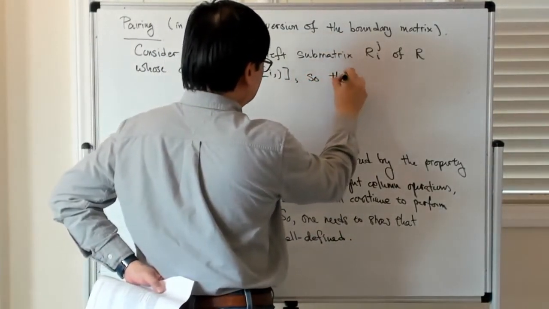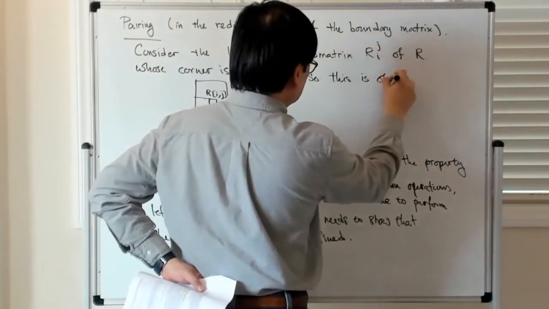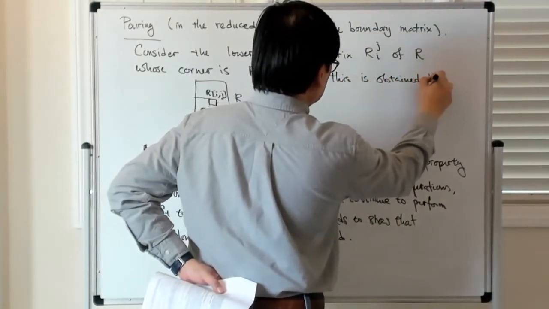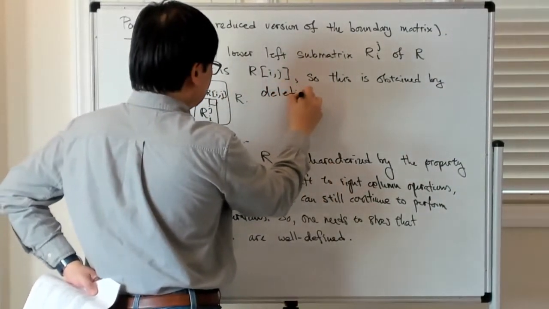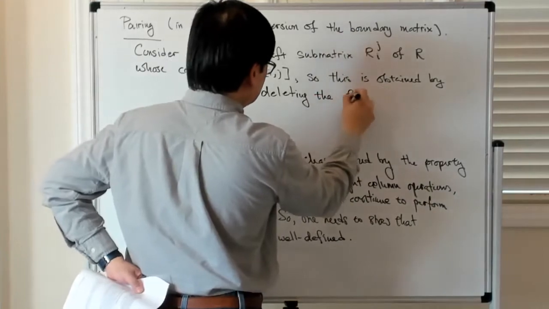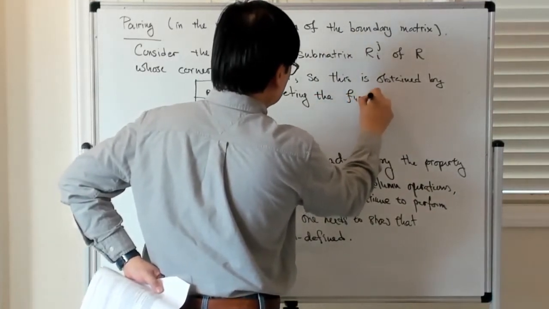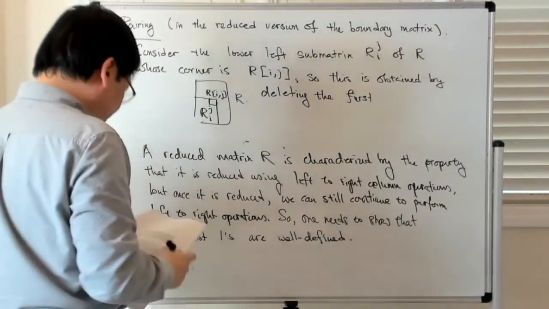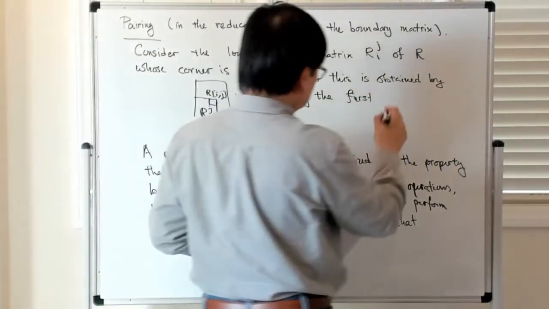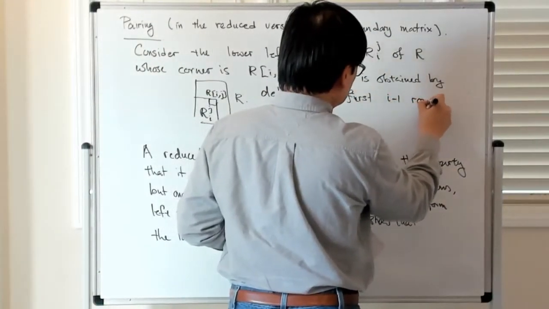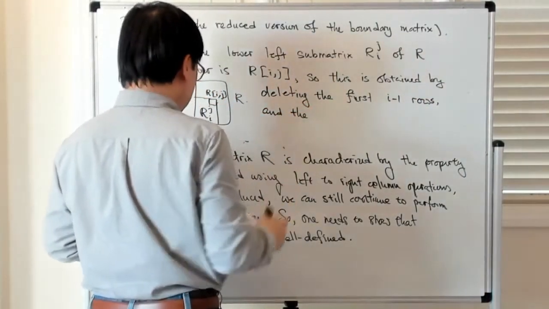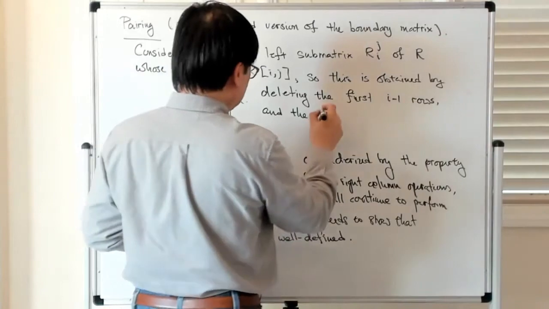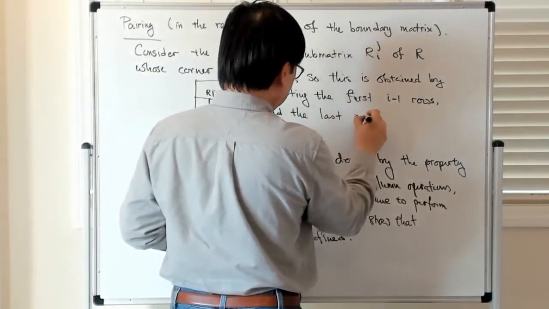This is obtained by deleting the first i minus 1 rows and the last n minus j columns.